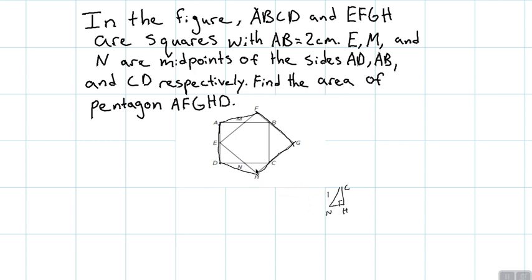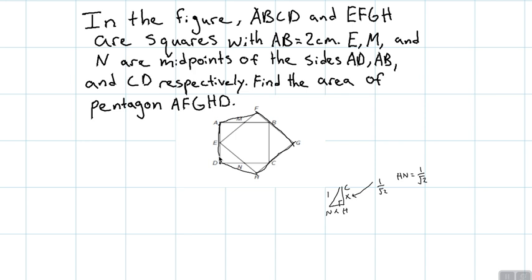Since this is a square, this is a 90-degree angle, so these are two 45-degree angles, and these side lengths have the same measure. Since we have a 45, 45, 90 triangle, this side length times root 2 will equal 1. So 1 over root 2 times root 2 is 1. So HN therefore equals 1 over root 2.